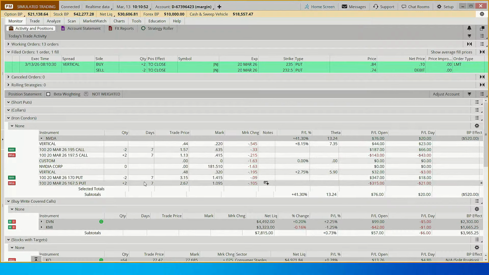And years ago, we were layering in trades on Apple. Unless you've been with me for 6 or 7 years, you may not remember that. But we did a short put vertical every week on Apple because it was continuing to trend up. We were just doing it as an example trade. But here we have 7 days to go.